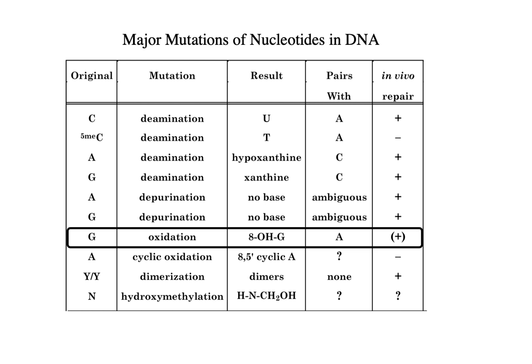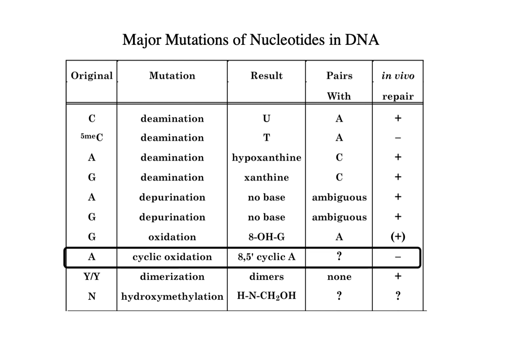Oxidation of a guanosine produces an 8-hydroxyguanosine, which pairs with an A. And it's uncertain whether there are repair systems for those. Those happen most often in mitochondria that are exposed to higher levels of oxygen in the cell because of oxidative phosphorylation.